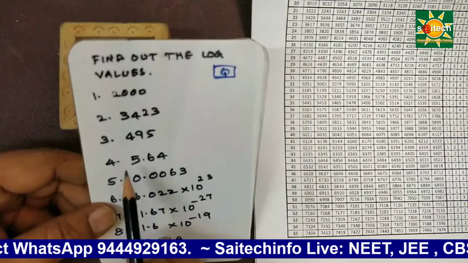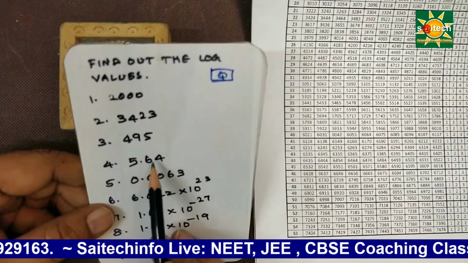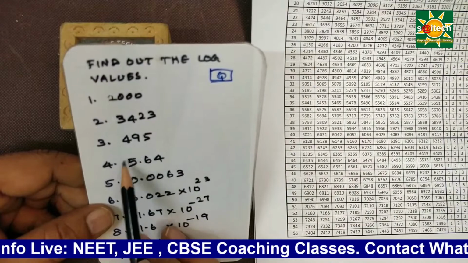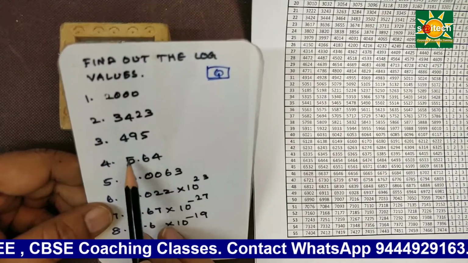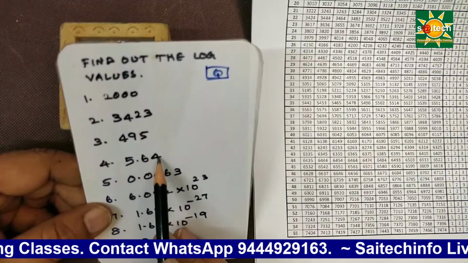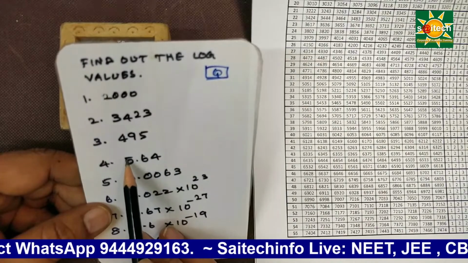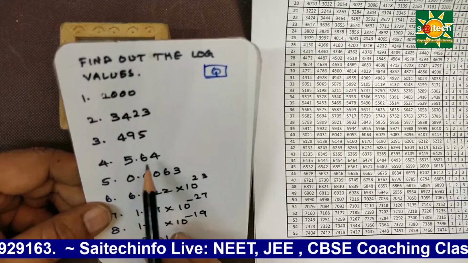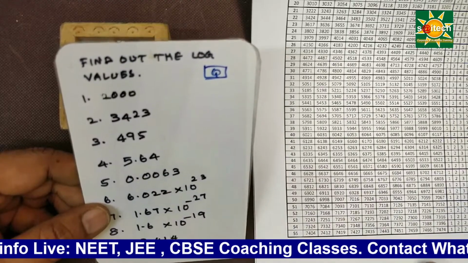And what about 564? 5.64. You have to take only the value and not the decimal. So 5 means only 1 digit, so you have to put 0 point and 56.4. So check in 56.4.